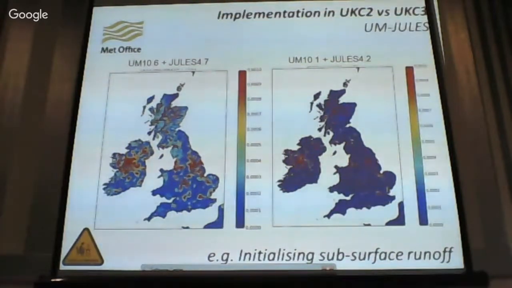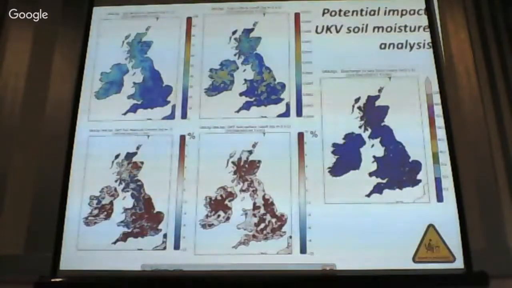And so even if everything was working beautifully in this system, I've then added a load more subsurface water into my system, just by virtue of new physics, new configurations, new code. So one of the approaches we're looking at is that the data assimilation group have now developed a UK regional scale version of the soil moisture analysis.